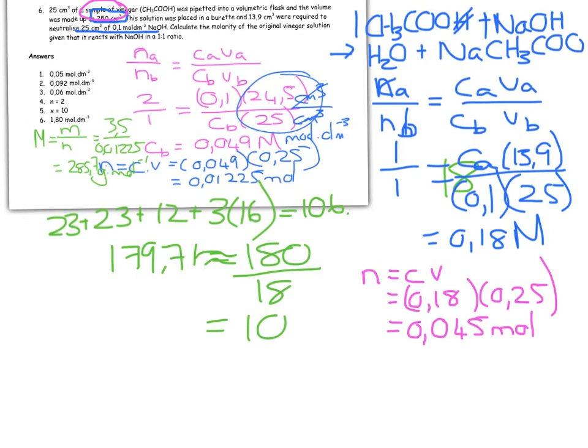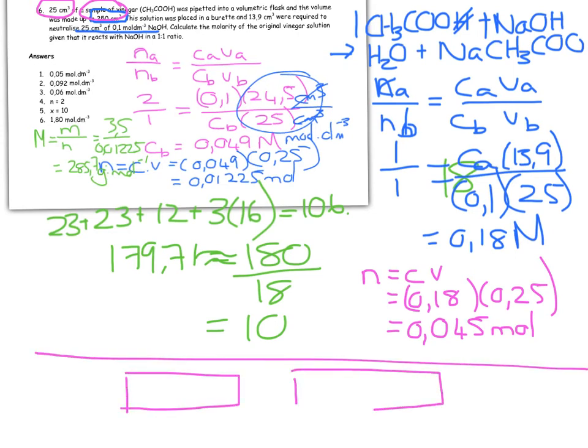That came out of 25 centimeters cubed. So if I go back to my little container system that I've shown you before, in my big container I have got 0,045 moles. And I have got a volume, so that's my number of moles. My volume is 250 centimeters cubed, and my concentration was 0,18.